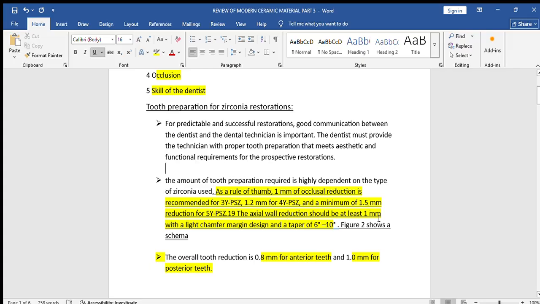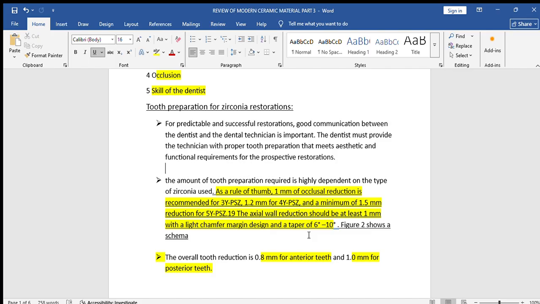Axial wall reduction must be 1 mm with a light chamfer margin design and a taper of 6 to 10 degrees. So basic occlusal reduction is 1 mm for 3Y partially stabilized zirconia and 1.5 mm for 5Y. Axial reduction 1 mm, light chamfer margin, taper 6 to 10 degrees.